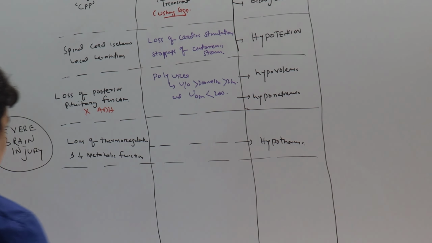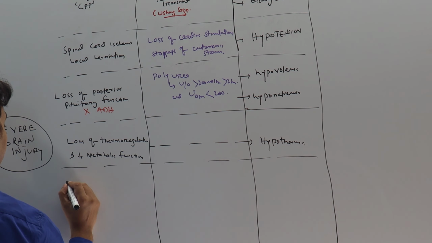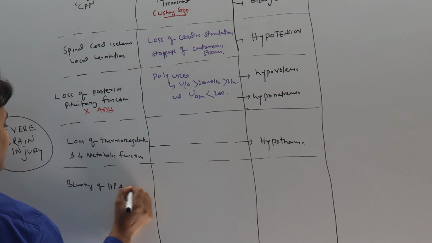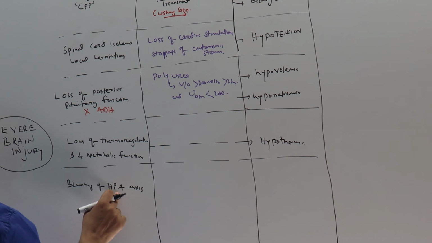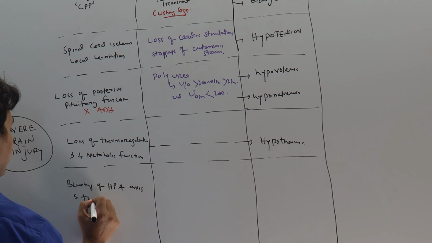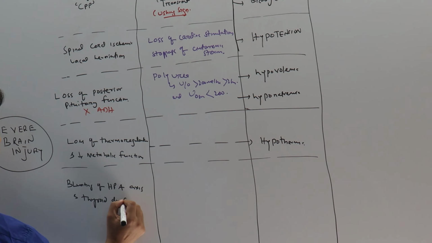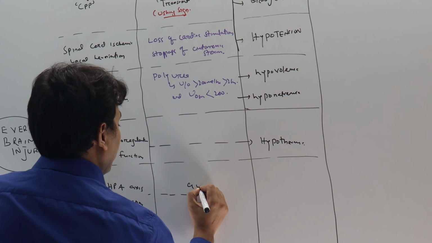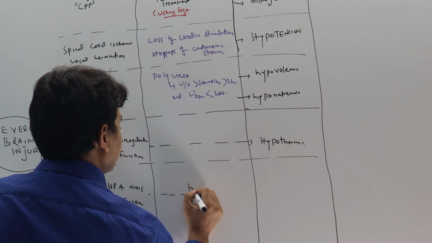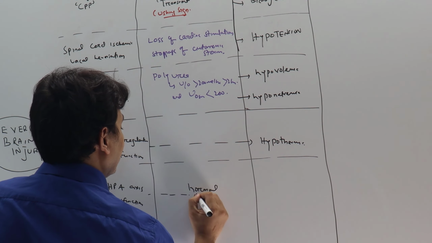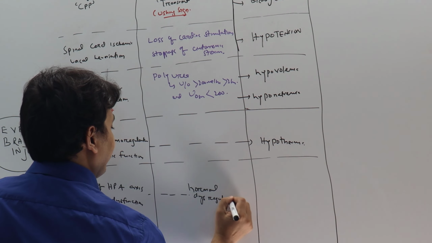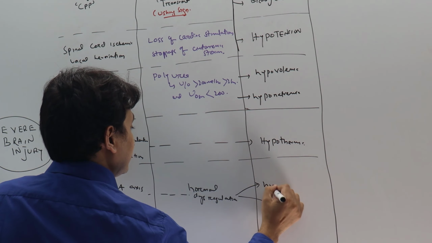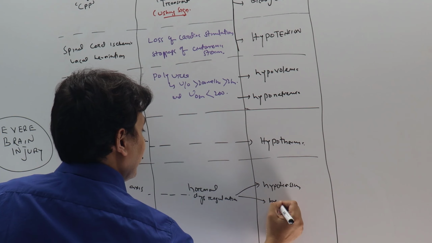Then last but not the least, there will be blunting of the HPA axis, hypothalamus, pituitary and adrenal axis, and thyroid dysfunction, which will produce hormonal dysregulation that can exacerbate hypotension and hypothermia.